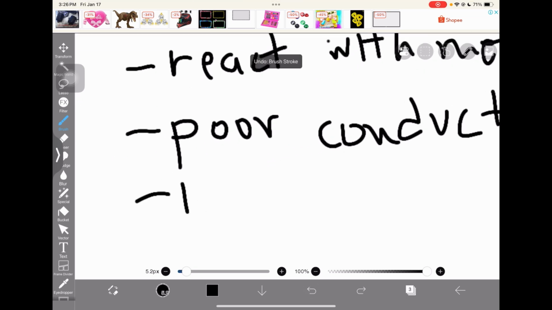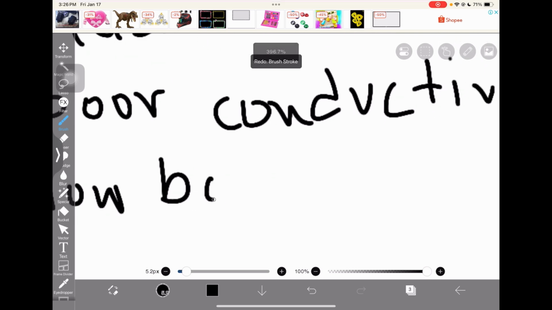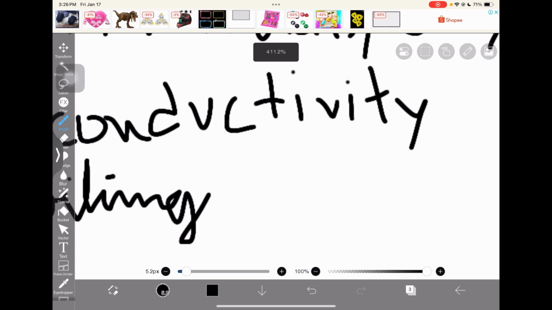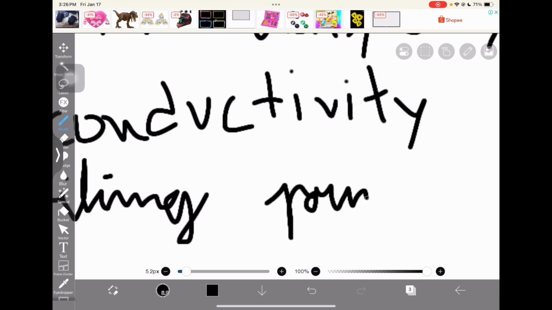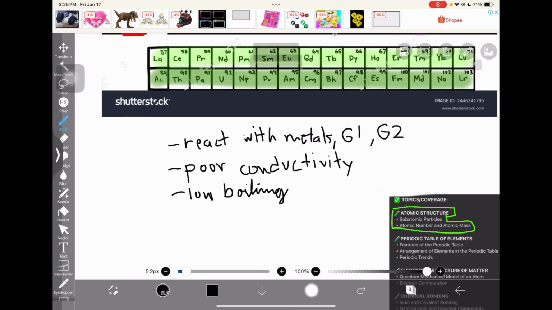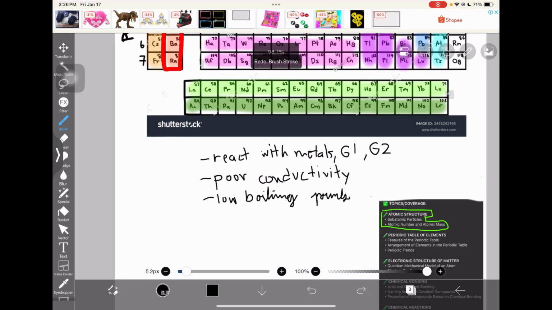Sorry, I just have to do cursive now. There, low boiling points. So that's what we can learn from these halogens. They react very aggressively, especially with the alkali metals. They have poor conductivity and they do have low boiling points.